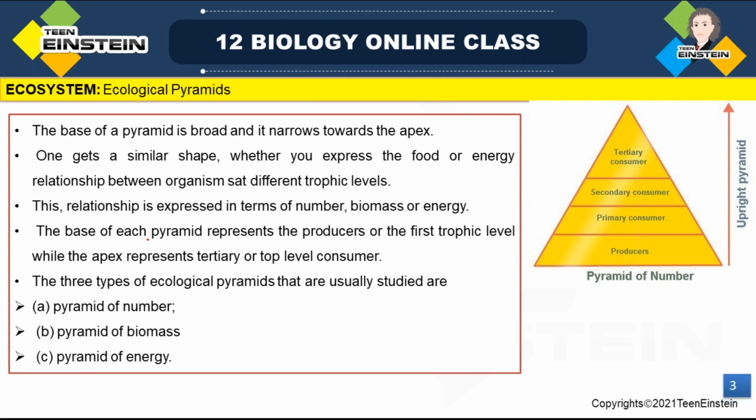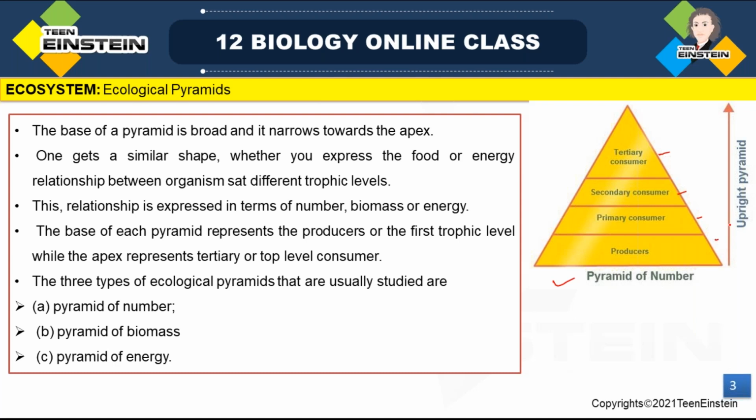So what do you mean by ecological pyramids? See, this is an ecological pyramid. This is a pyramid of numbers. So we are representing the ecological parameters in different trophic levels, right?